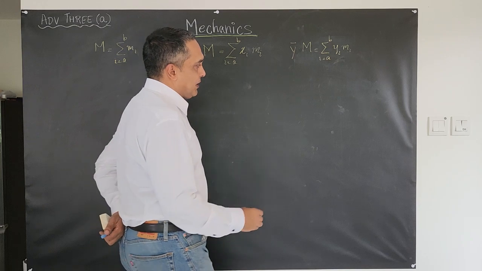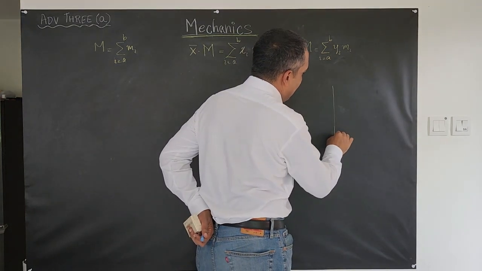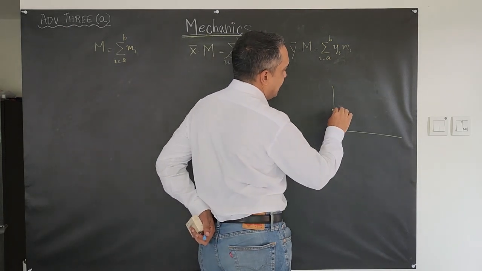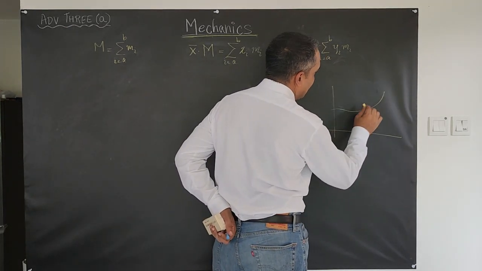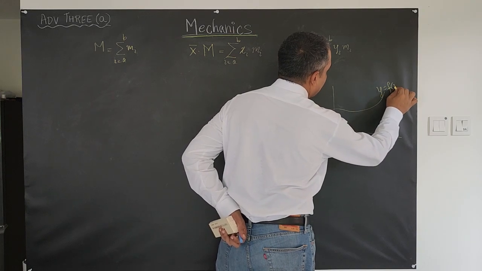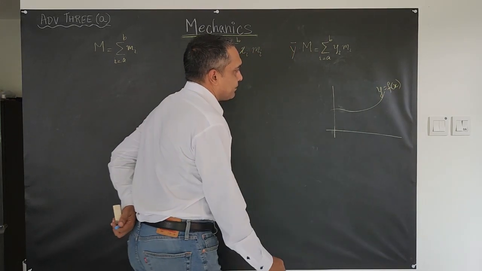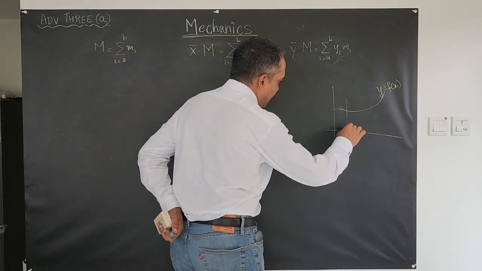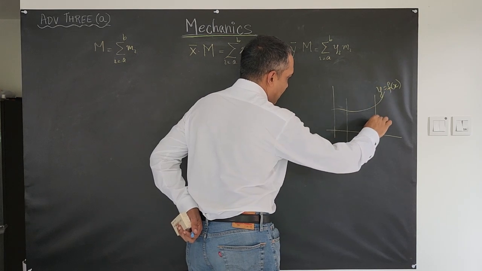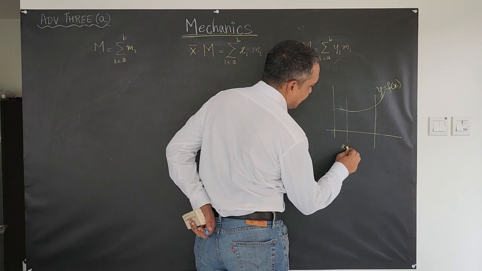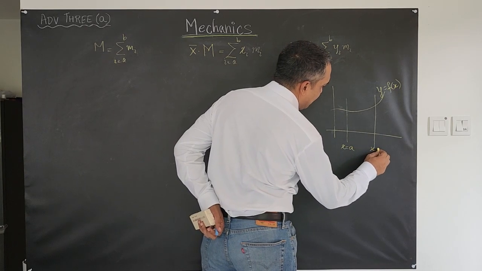Now I'm going to start here by writing a simple function. Let me just say this is some function where y is equal to f of x. And to make it simple, I'm going to define a boundary here with the equations x equal to a and x equal to b.